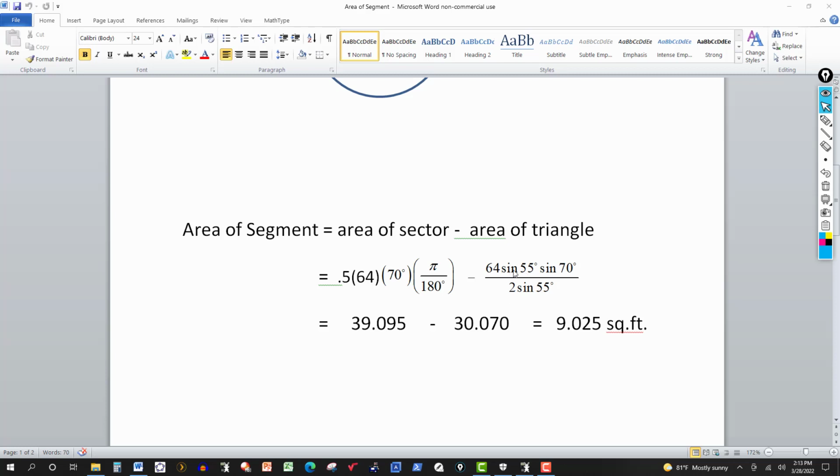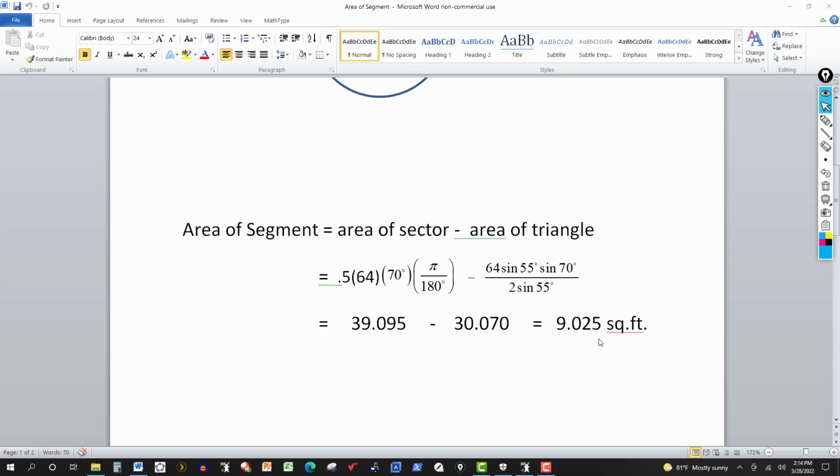And on top you have the sine of whatever two angles are left, 55 again, and sine of 70. And you get 30.070. Do the subtraction there, and you get 9.025, or 9.03 if you round it to 2 places, square feet.